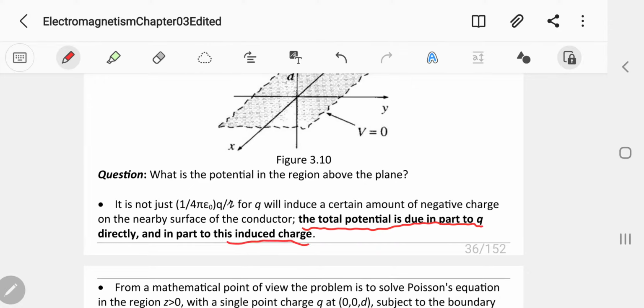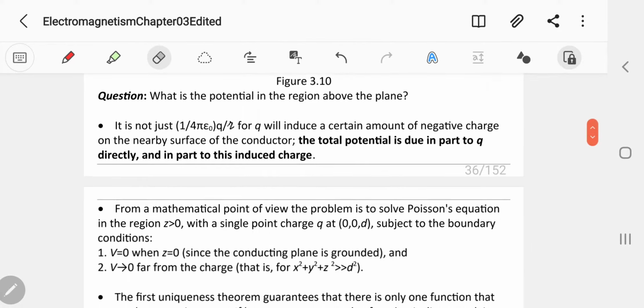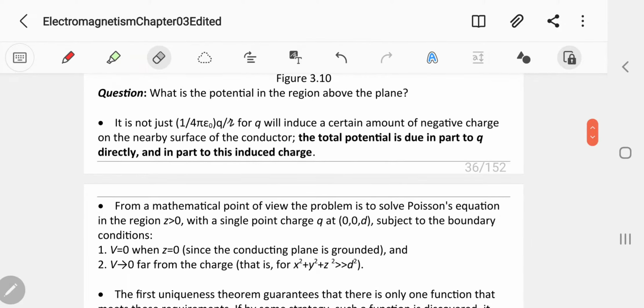And of course, you know that the potential follows the principle of superposition. So they add up, but it depends on the sign of the charge.